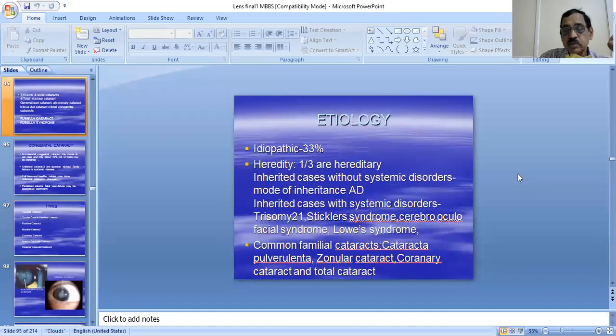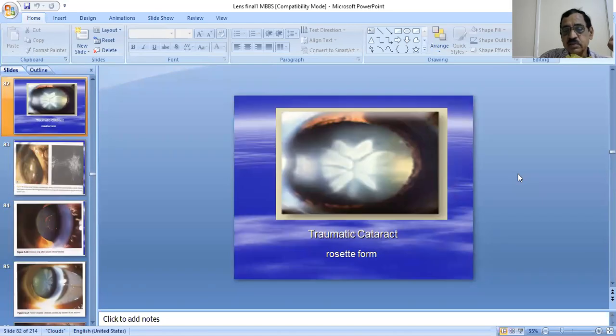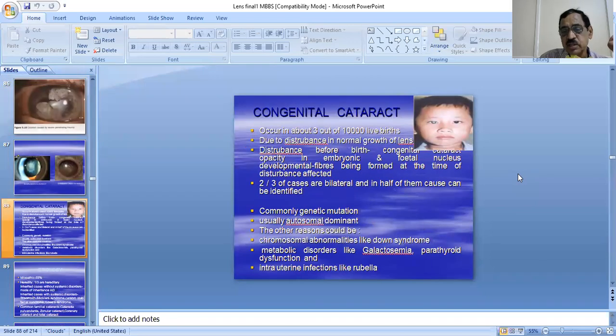Okay. So we have already seen almost all the topics in the lens chapter, except for congenital cataract and also the congenital anomalies of the lens. Congenital cataract forms when the lens formation is disturbed during the intrauterine life.